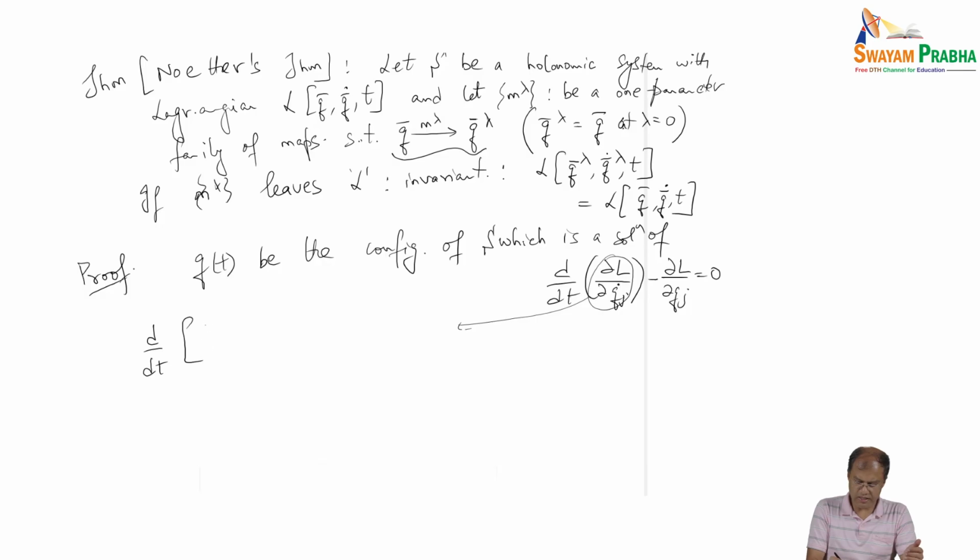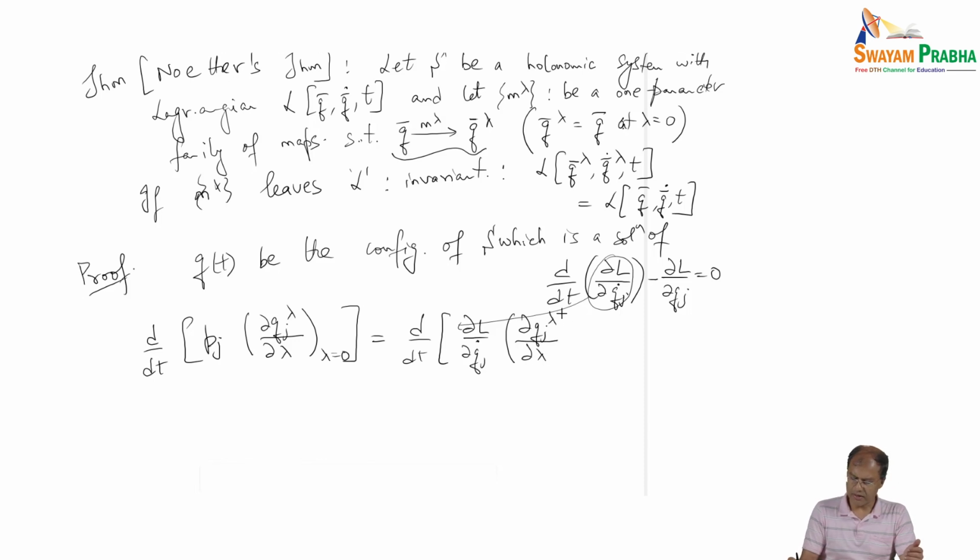We see that this is Pj times partial Qj lambda partial lambda at lambda equal to 0, and this is also equal to d/dt of partial L partial Qj dot of partial Qj lambda partial lambda, at lambda equal to 0.